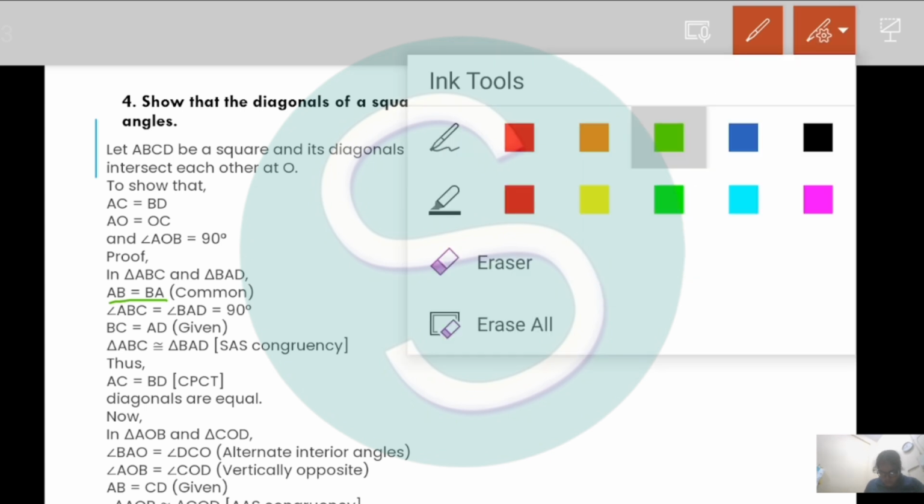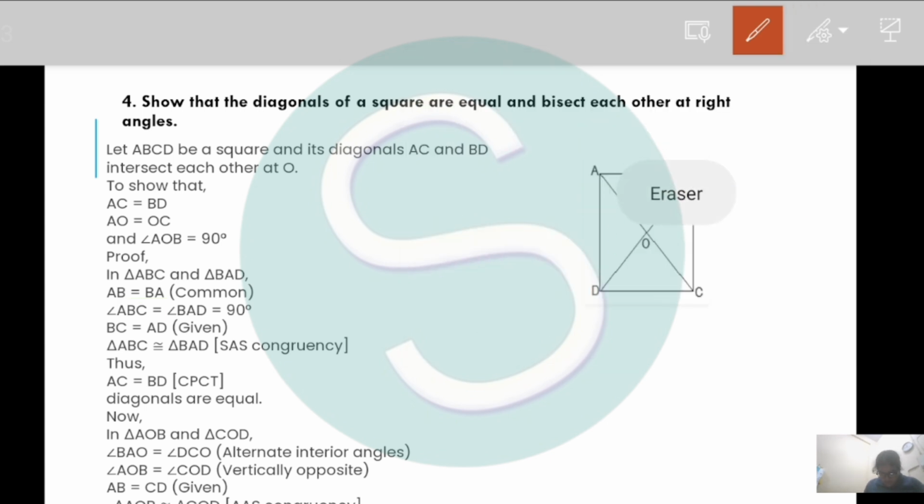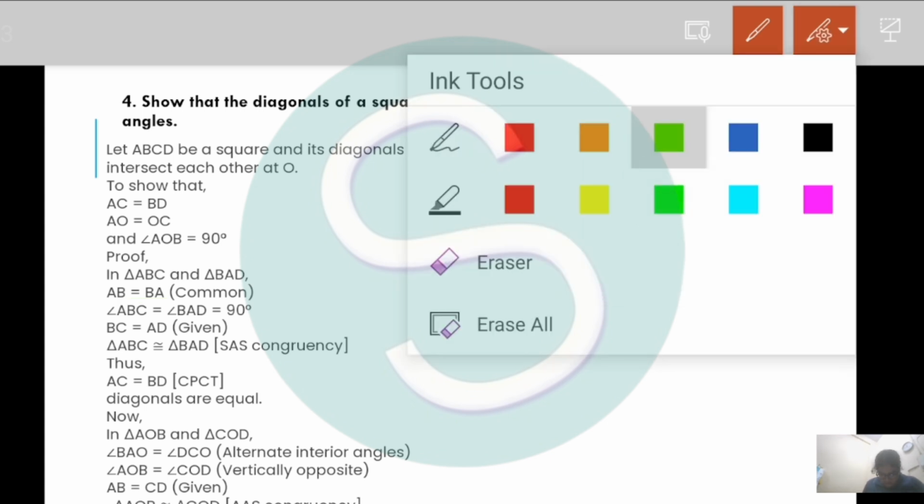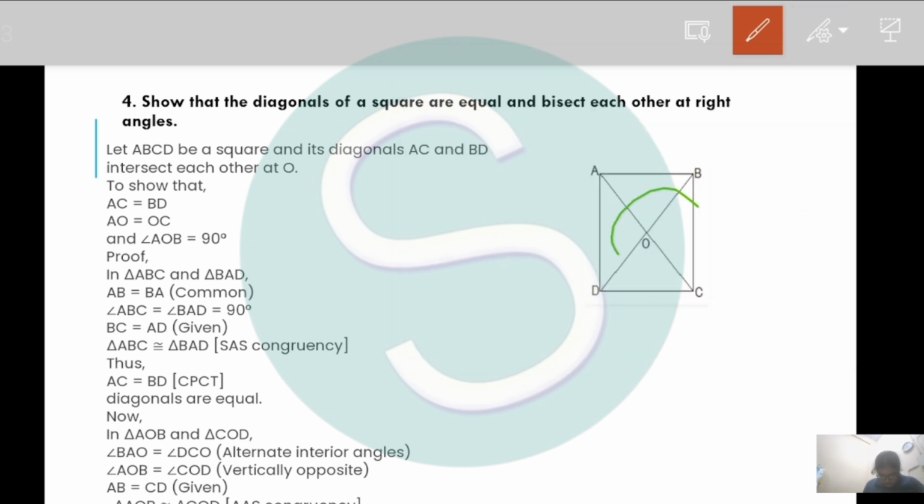So from here what we can say is that ABC is congruent to BAD. So we have proved that these two triangles are congruent, right? So by CPCT we can prove that BD is equal to AC.